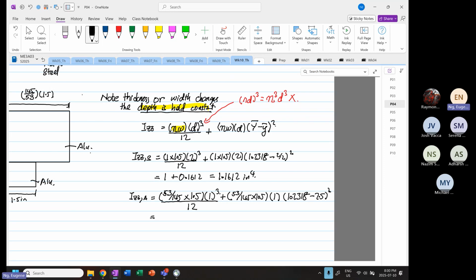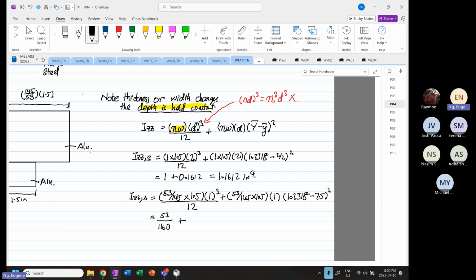So this will be equal to 53 over 1160. Let me do it again. Plus 1.2318 minus 2.5 squared, the whole thing times 1 times 53 over 145 times 1.5.